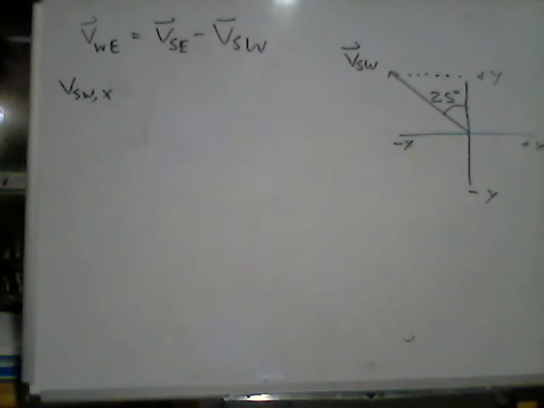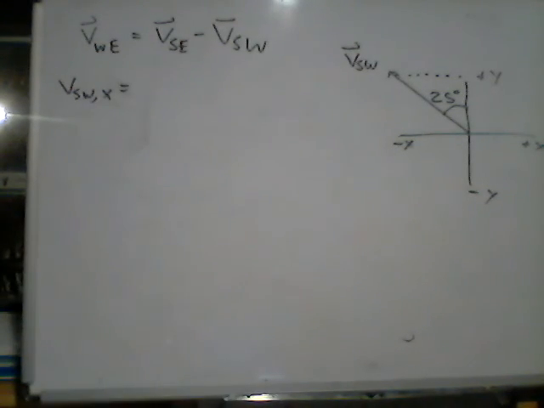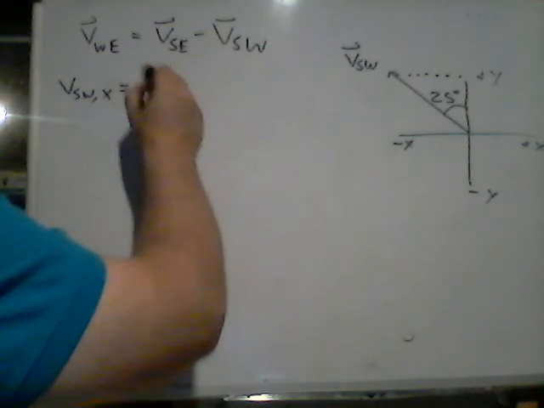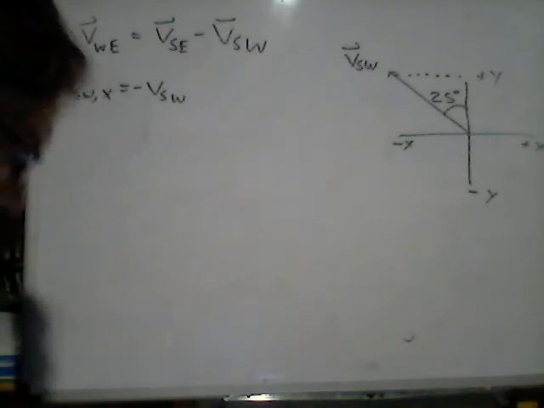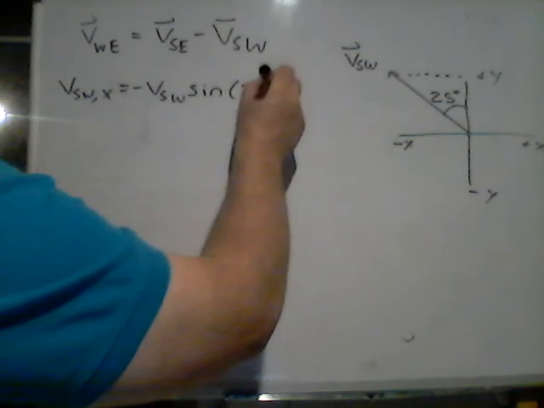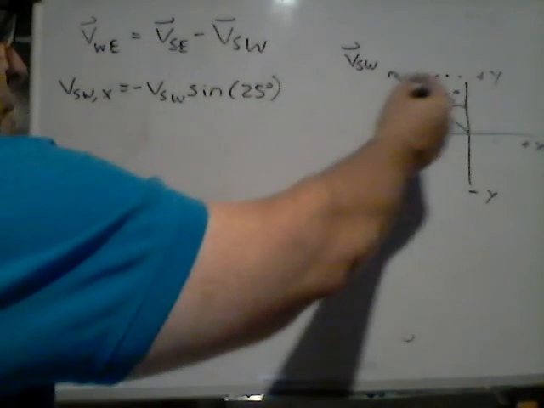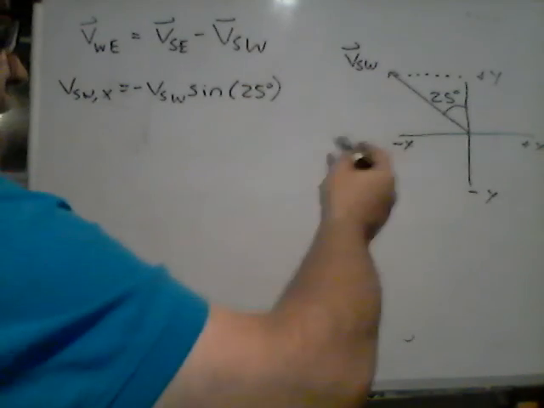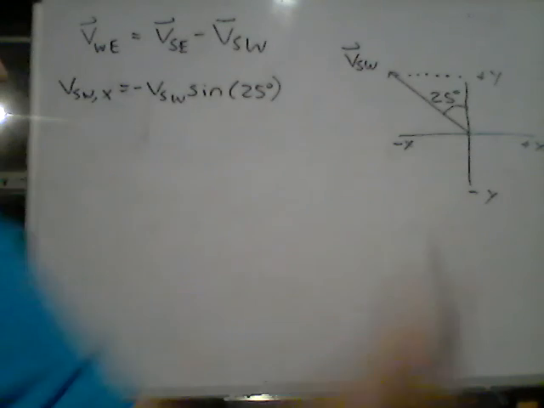It is going to be negative, by its very definition being in the second quadrant: negative v sub SW sine of 25 degrees. It's a little odd because the way I've been doing things, we always have the x component being a cosine. Remember, the x component is in the direction of x. That's this direction right here, which is the opposite of this angle.